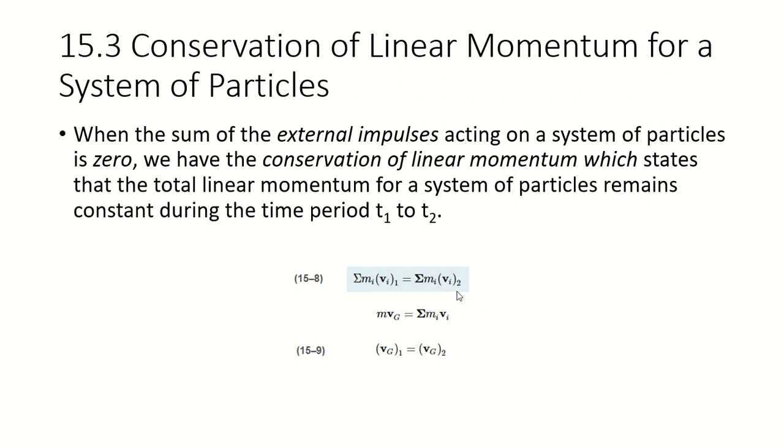It doesn't matter how your velocity is changing. So that's what it's saying here: the total linear momentum for a system of particles remains constant, the same, during the time period going from 1 to 2.